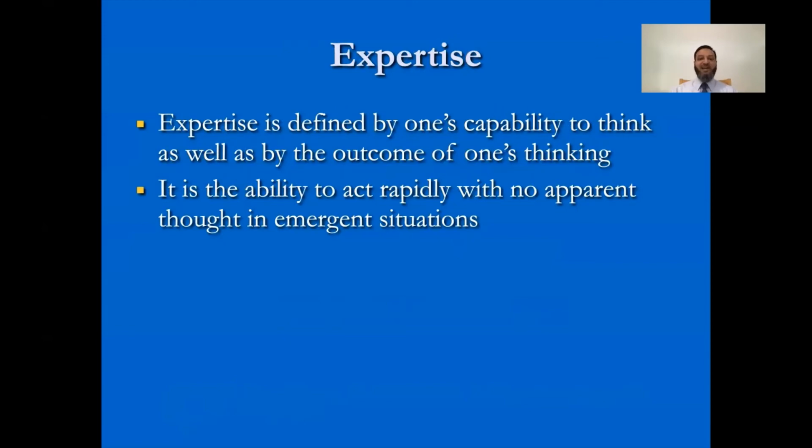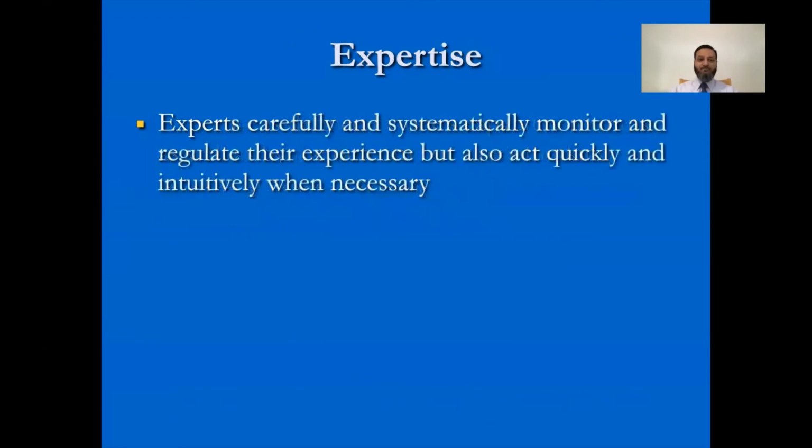It is the ability to act rapidly with no apparent thought in emergent situations. So it's basically being able to think quickly and come up with the right answer, especially in a crisis or emergent situation, and do it in a very quick way without any apparent thought or delay. Experts carefully and systematically monitor and regulate their experience, but also act quickly and intuitively when necessary.